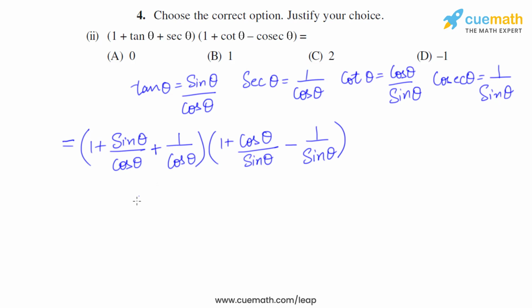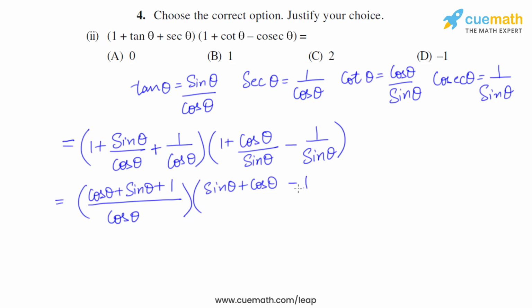Now we can take the LCM, so it will be cos theta plus sine theta plus 1 by cos theta into sine theta plus cos theta minus 1 by sine theta.